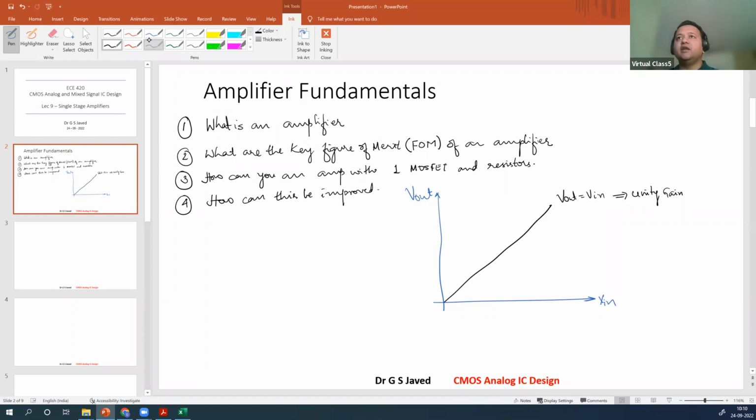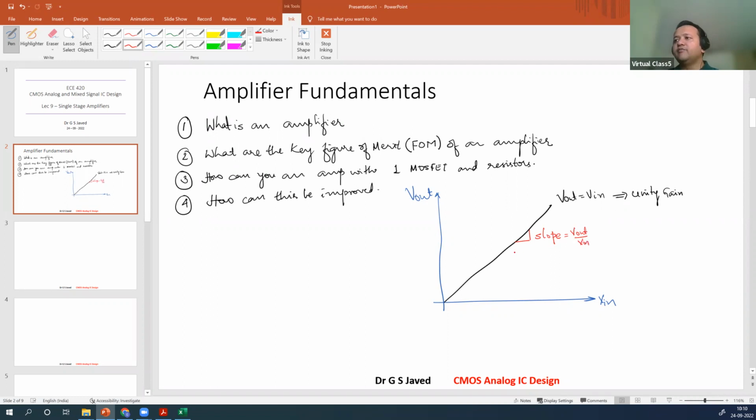When you mean a gain, you need the gain to be where V out by V in is greater than 1. So how do you measure this? You measure this using the slope, right? Slope will give you V out by V in.